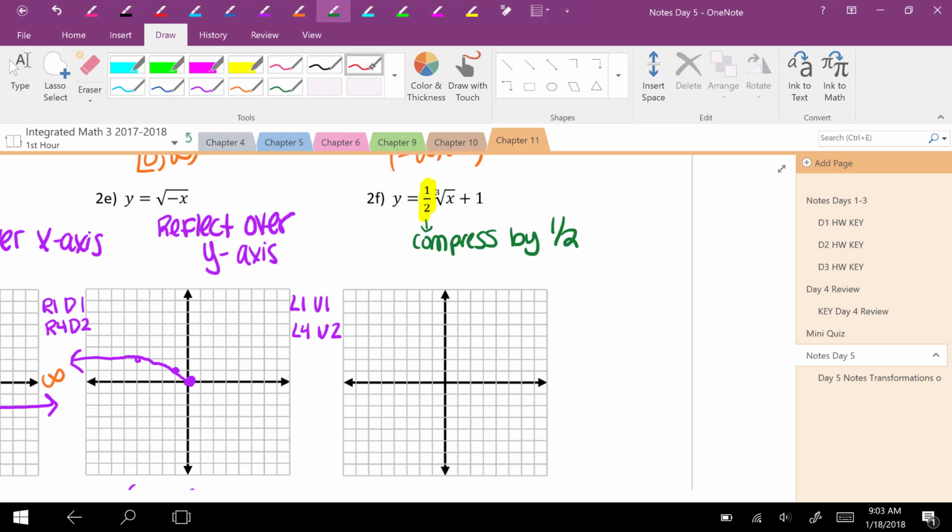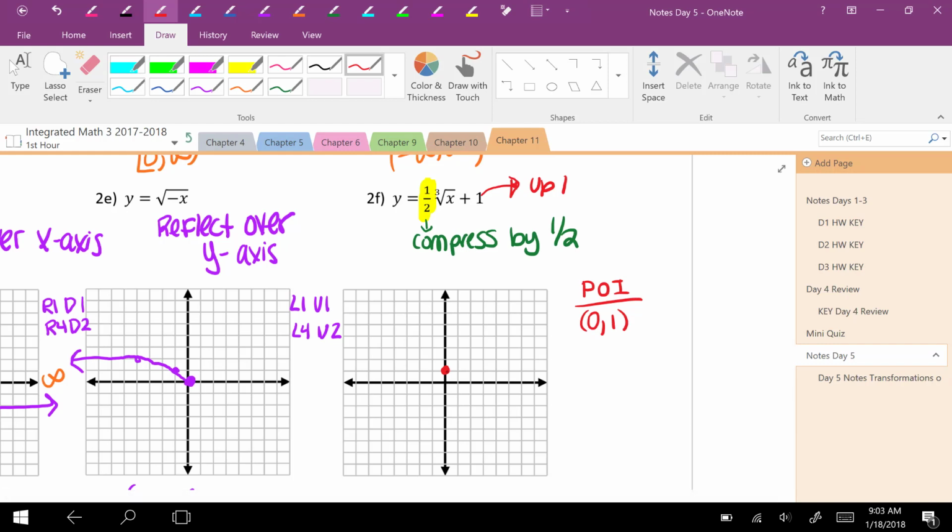What does this 1 represent? Up 1. Remember, I always say, get your point of inflection first. So my point of inflection, my POI, is what? Good, 0, 1. That's my point of inflection. That 1/2 isn't affecting my point of inflection here. So 0, 1. Okay, here we go.